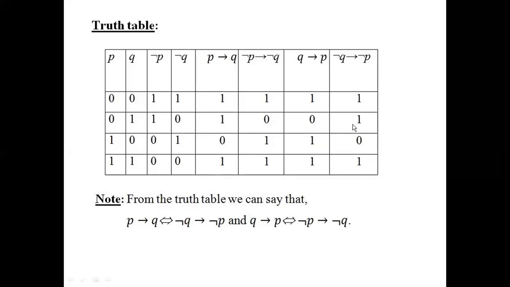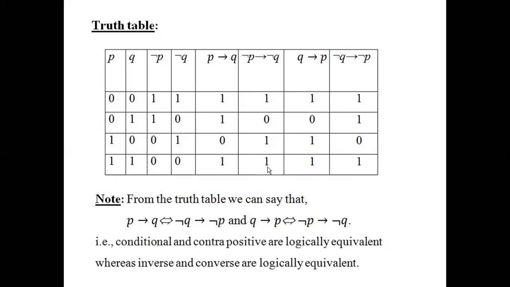Here also it is 1, 1, 0, 1. We also observe columns 6 and 7: Q conditional P, the 7th column, has the same truth values as negation P conditional negation Q, the 6th column.